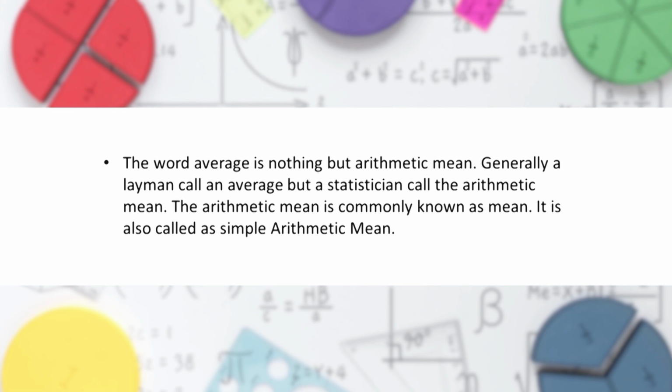A statistician calls it mean or simple arithmetic mean, whereas if you ask anyone else, they will say average, and the answer is the same. That means in arithmetic mean we are not doing anything, we are only calculating the simple or arithmetic average of a given set of data. So suppose you are asked to calculate the average, say for example income of 5 people, as I suggested in the beginning, 5 workers.